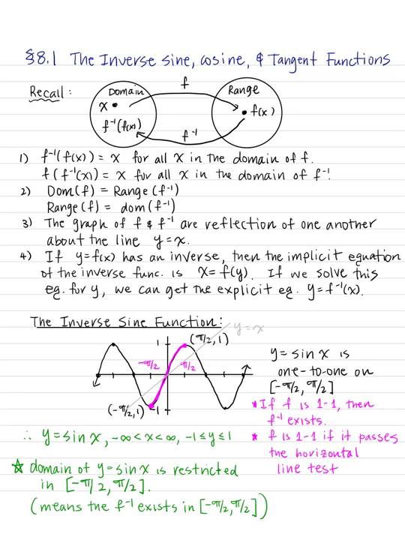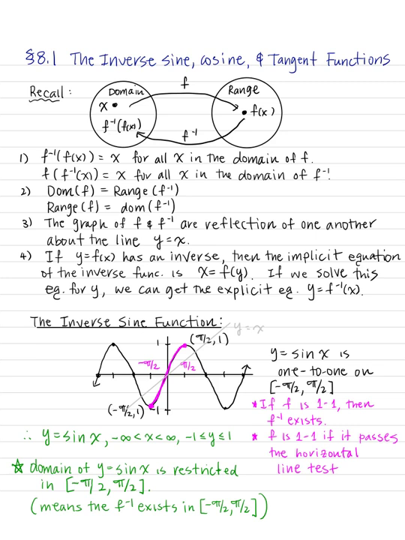So y equals sine of x: the domain is all real numbers, and the range is from negative 1 to 1. Please note that the domain of y equals sine of x is now restricted to negative pi over 2 to pi over 2. That means f inverse exists on that interval.